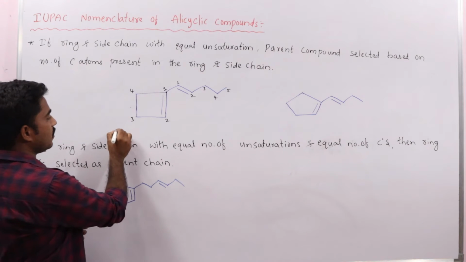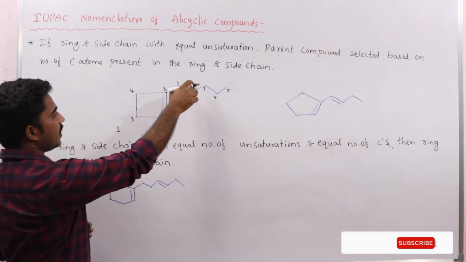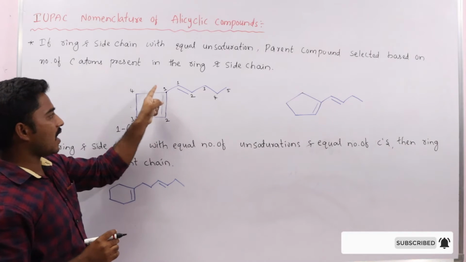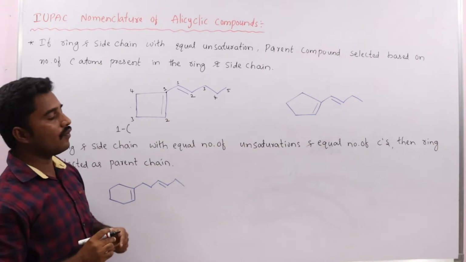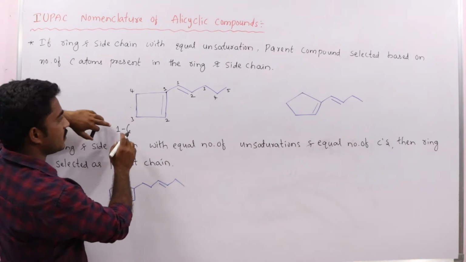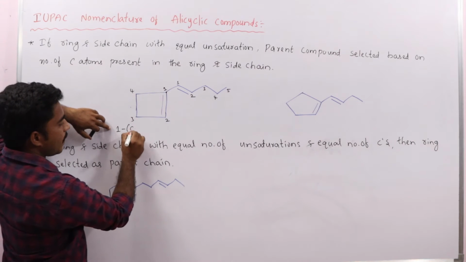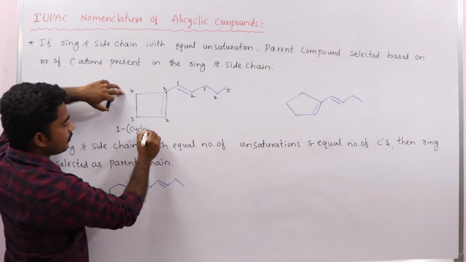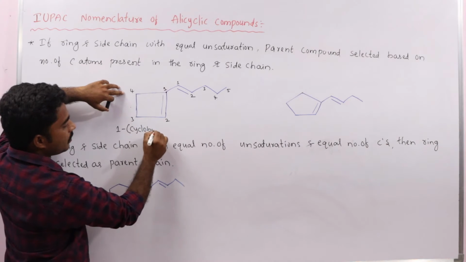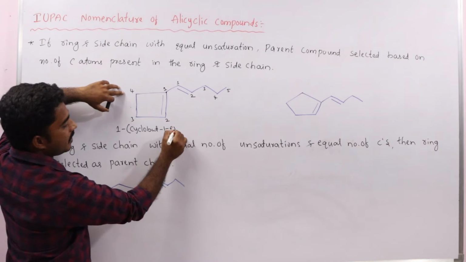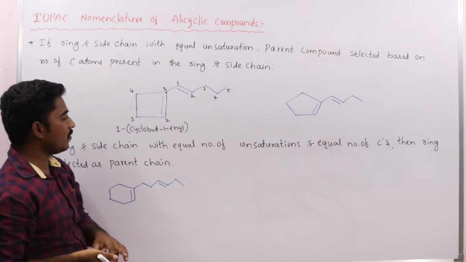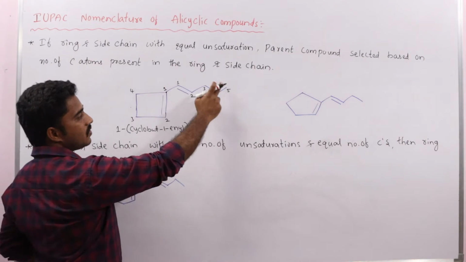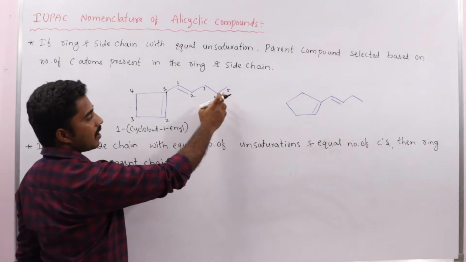The name of this compound: at the first position of the parent chain, cyclo, okay, but-1-enyl group is there. So at the first position of the parent chain, cyclic group and but-1-enyl: 1-cyclobut-1-enyl. Then the parent compound contains how many carbons? 5 carbons.